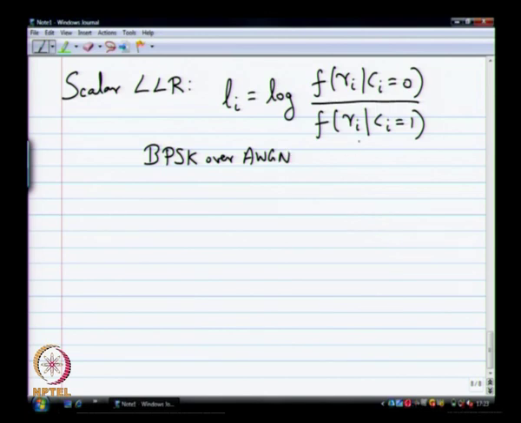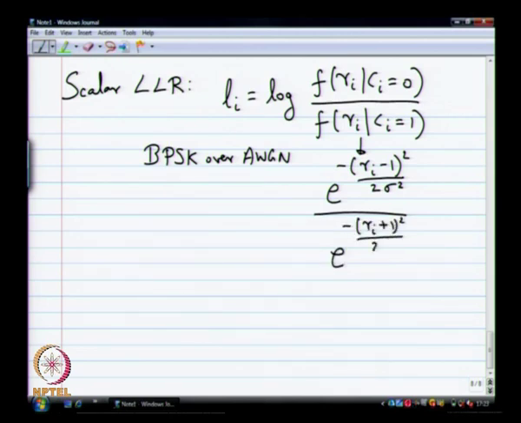This ratio will simply be e power minus (r_i minus 1) whole squared by 2 sigma squared divided by e power (r_i plus 1) whole squared by 2 sigma squared. This will basically become e power 2 r_i by sigma squared.